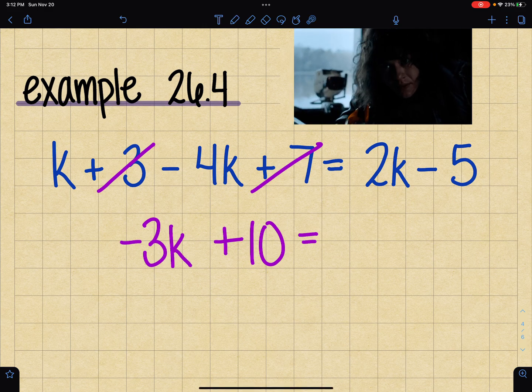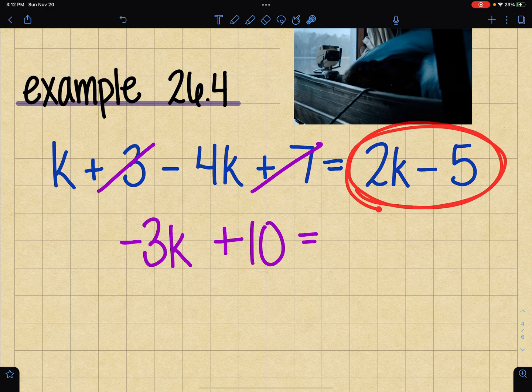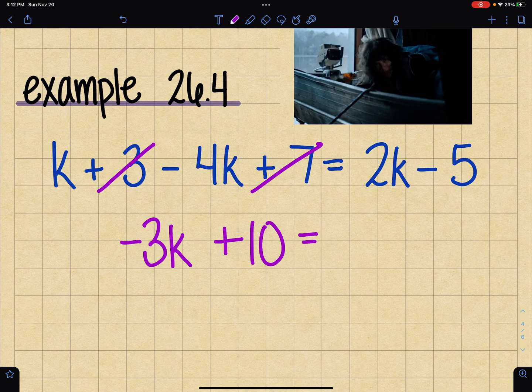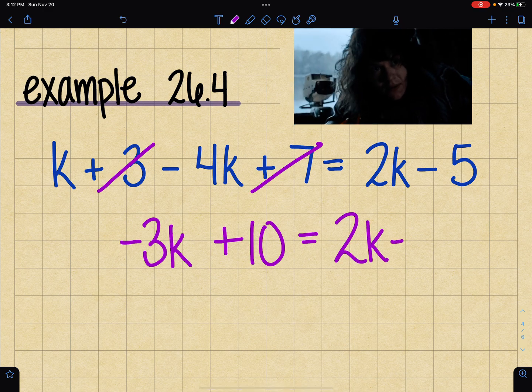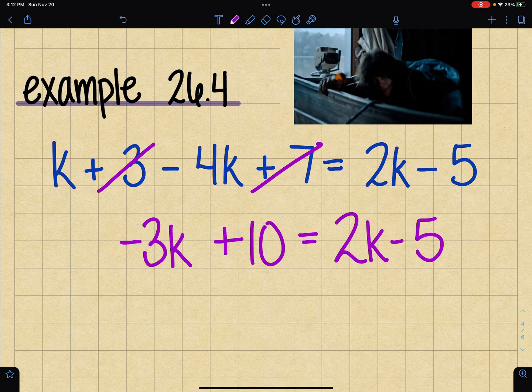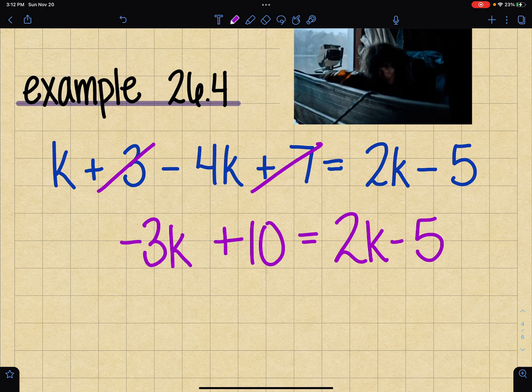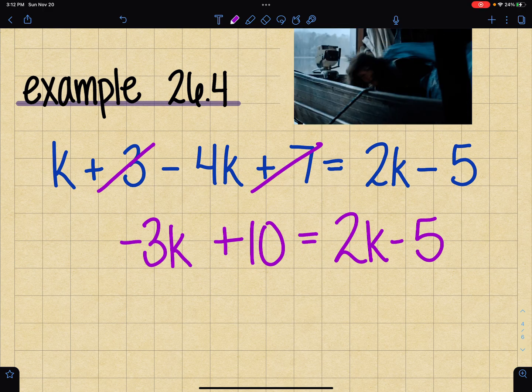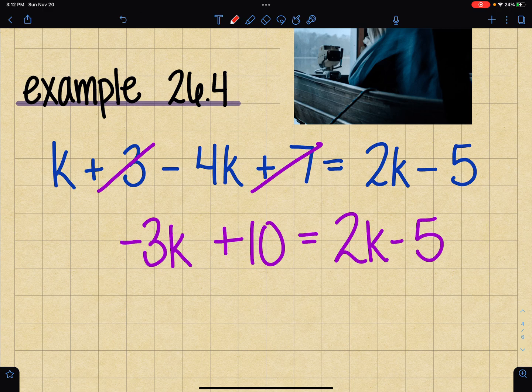All right, on the right-hand side of the equation, it looks like there's nothing I can combine because those are not like terms. So I'm just going to bring it down the way it is. 2k minus 5. All right, let's see. Let's add, why don't we do this? Why don't we add the 5 to both sides of the equation?